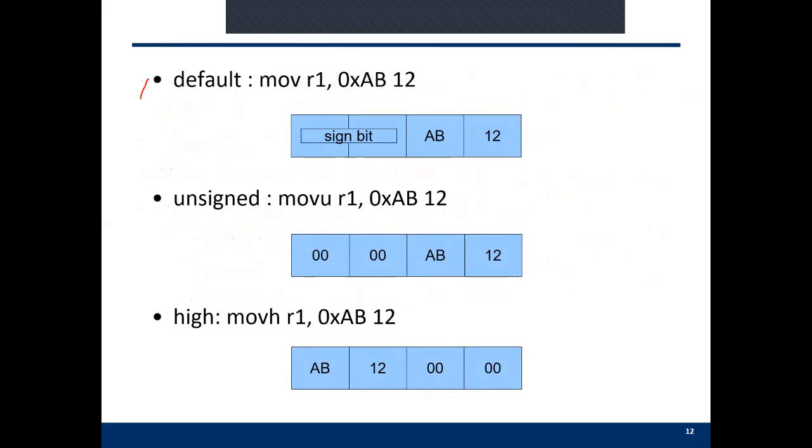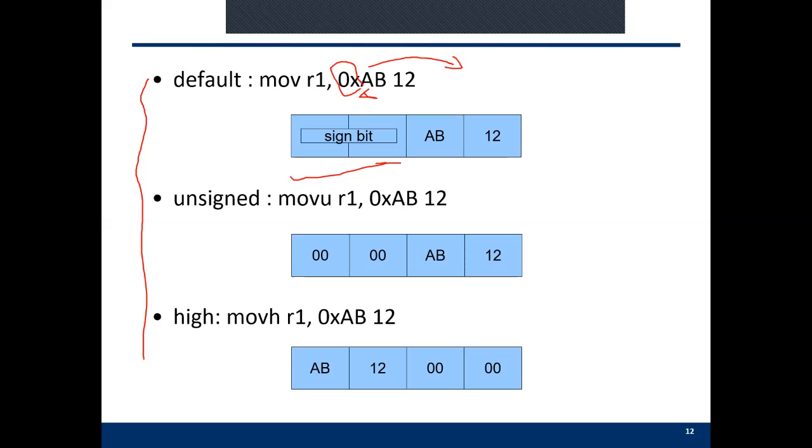Here is a more detailed explanation of these three different types of move. The first one is you insert sign bits. When you see this symbol, it's a hex format, and this is a decimal 10, hex A. Each hex digit can be translated to 4 bits.